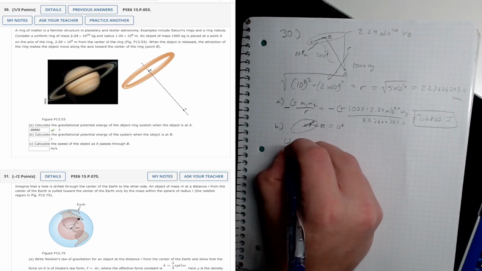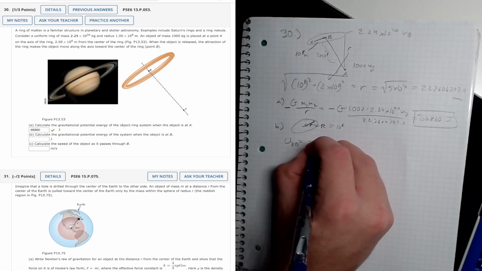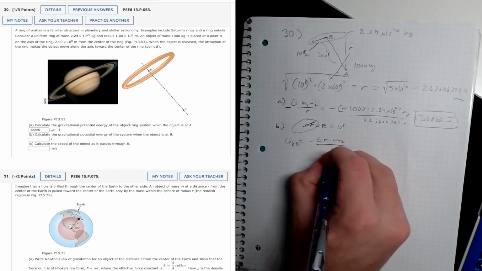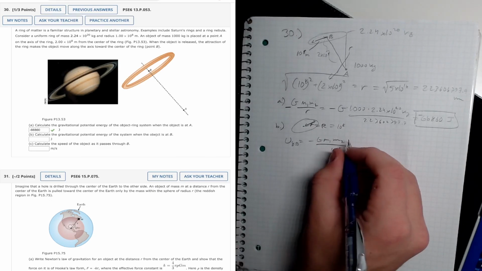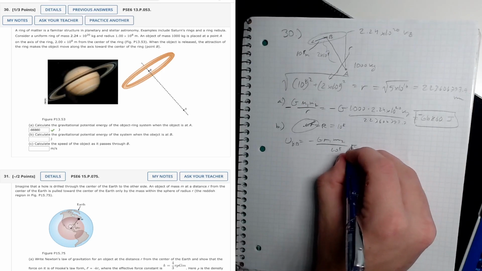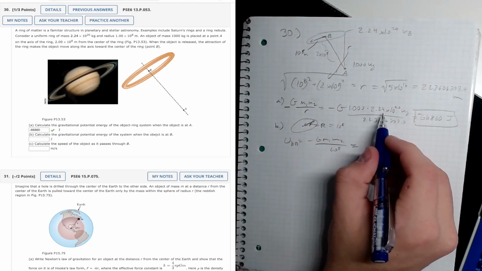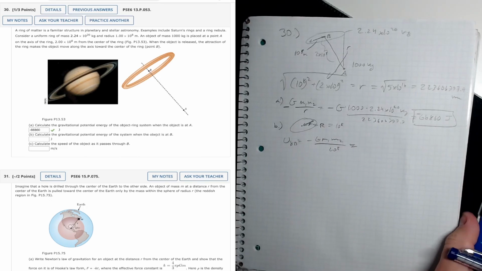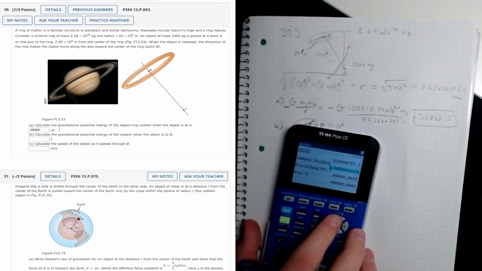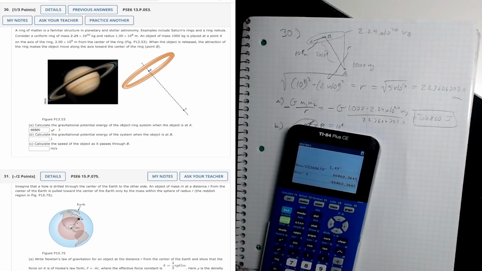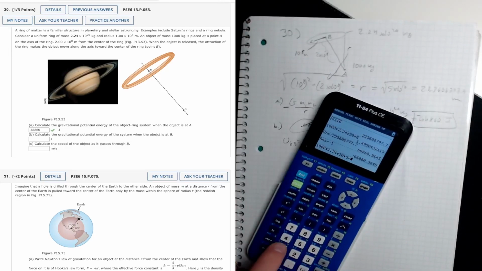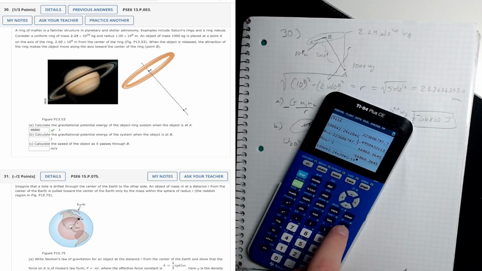Gravitational potential energy at B equals negative G M1 M2 over 10 to the 8th now, because that's R. We'll use the same values up here, so I won't write them out this time. G times this times this, so I have it up here still. This calculation, we'll write that down, divided by 10 to the 8th.